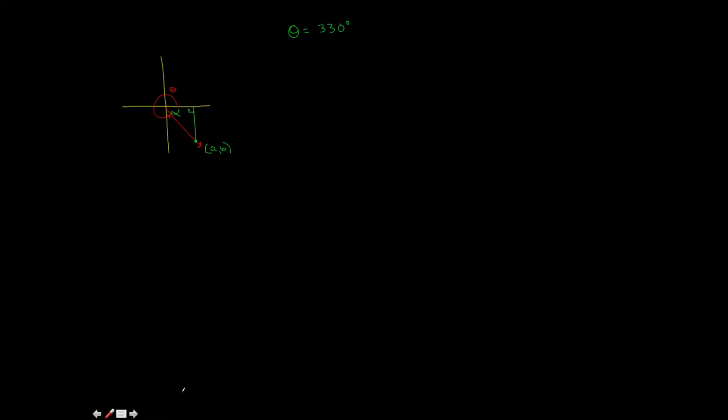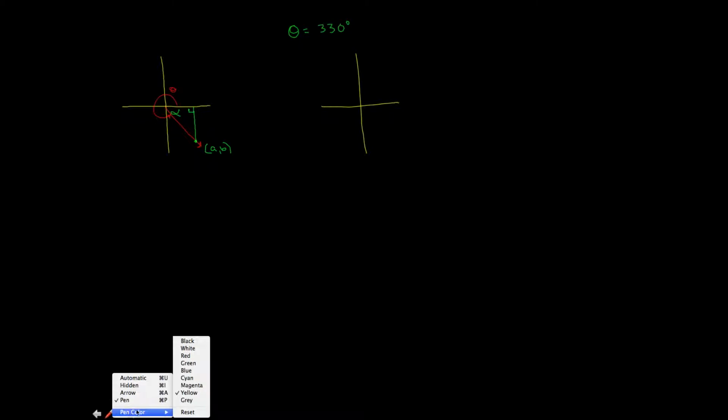So let's draw our coordinate plane, and you may want color pencils as you're doing this at home so you can kind of see what I'm seeing here. We're going 330 degrees, which this right here is 270, and then that would be 60 more degrees. So that's going to be right there.